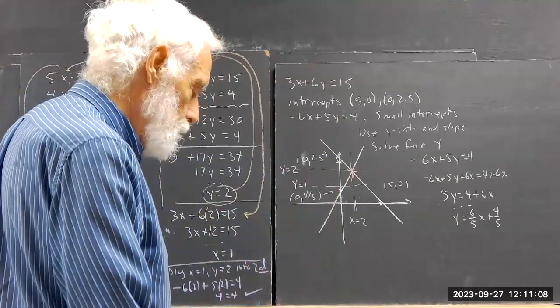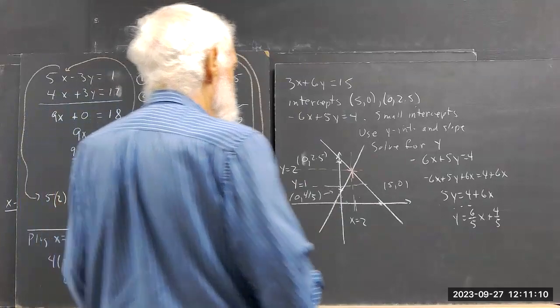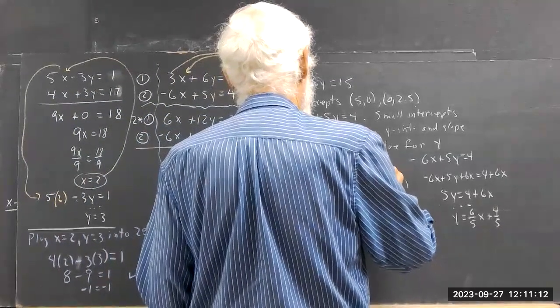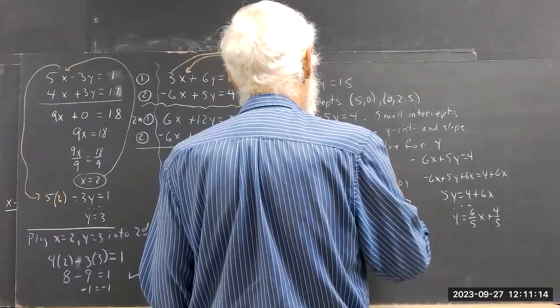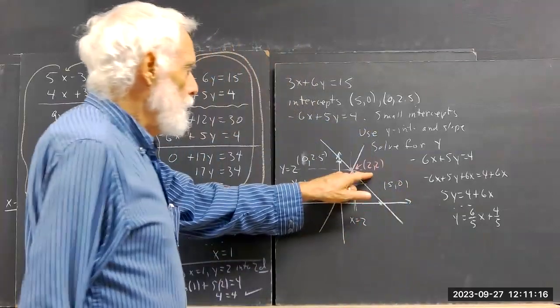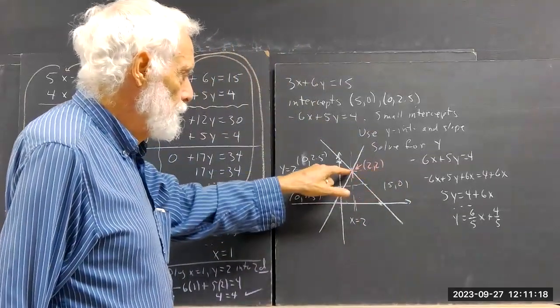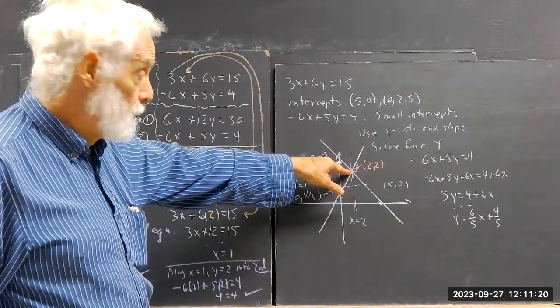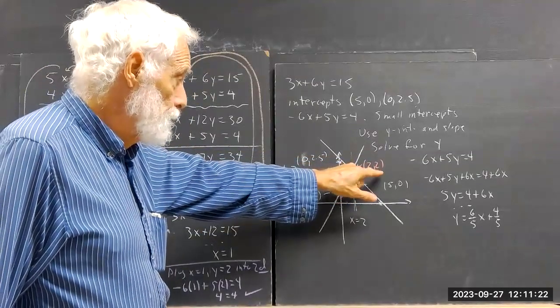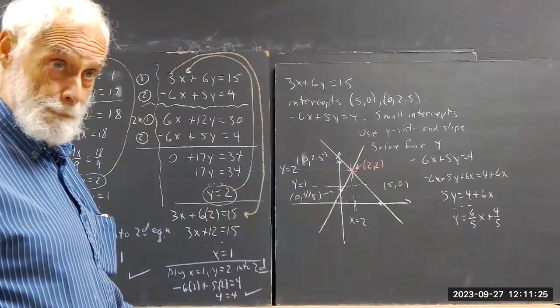So that our crossing point would be where x equals 2 and y equals 2. If this graph was accurate and that estimate was good, x equals 2, y equals 2 would be a solution.